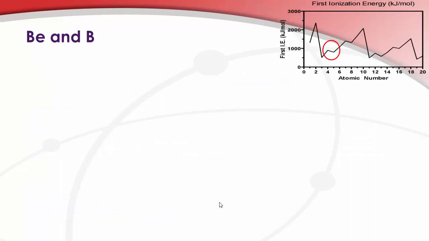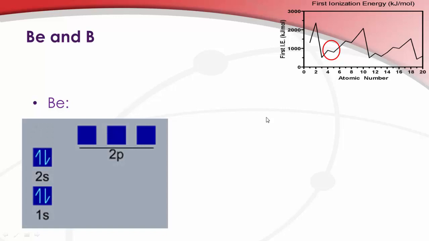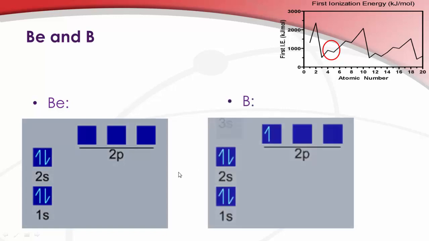Okay, welcome back. So hopefully you've drawn up your electron configurations and you've drawn your own conclusion about where this deviation from the trend comes from. I'll give you my take on that now. If we look at the electron configurations for beryllium and for boron, we can see them here. It's harder to pull an electron off of beryllium than it is to pull one off of boron.